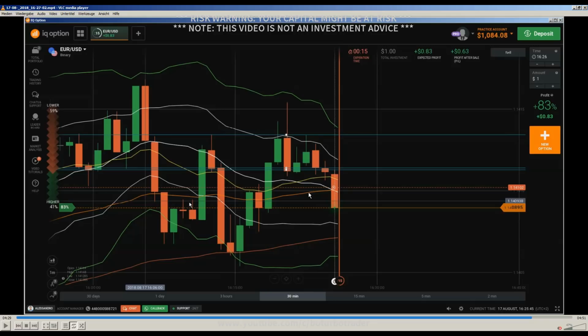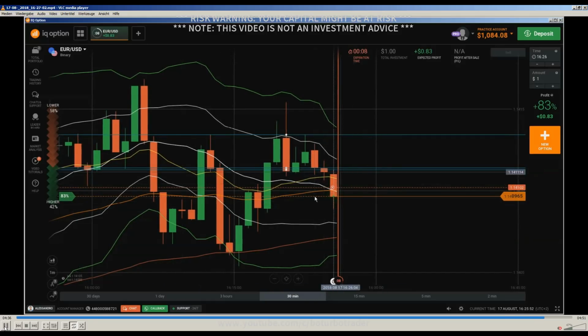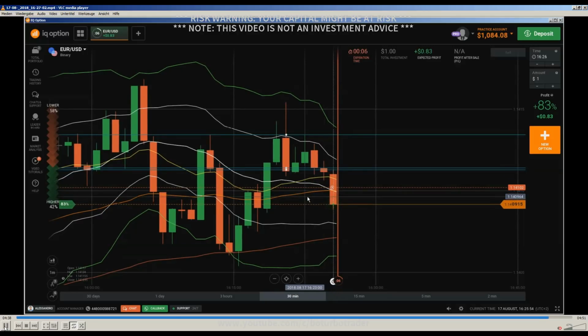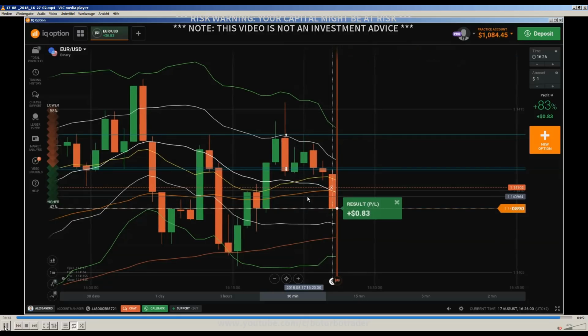This kind of doji was only created because there is a 20 EMA, and if you didn't see the 20 EMA, you wouldn't know that it is there. That is the reason why you get tricked and trapped so often on a naked chart, and no one can say that is not true. That is reality, and that is the reason why I'm using the EMAs, because price is reacting.